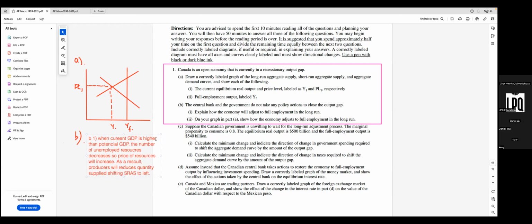When current GDP is lower than the potential GDP, the number of employed resources, for this case, is not a decrease but an increase. So the price of resources will not increase but decrease.